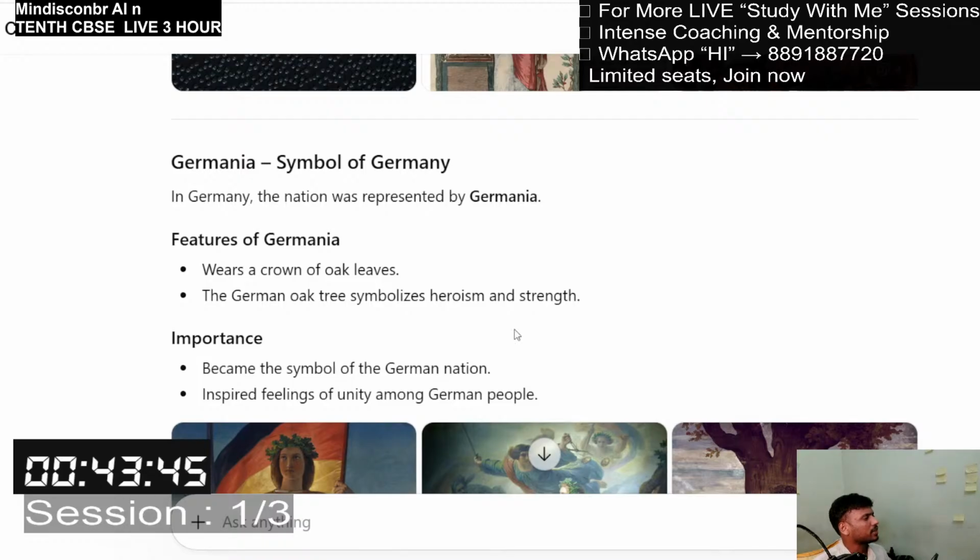So the feature of Germania is that she wears a crown of oak leaves, because in Germany the oak tree symbolizes heroism and strength.